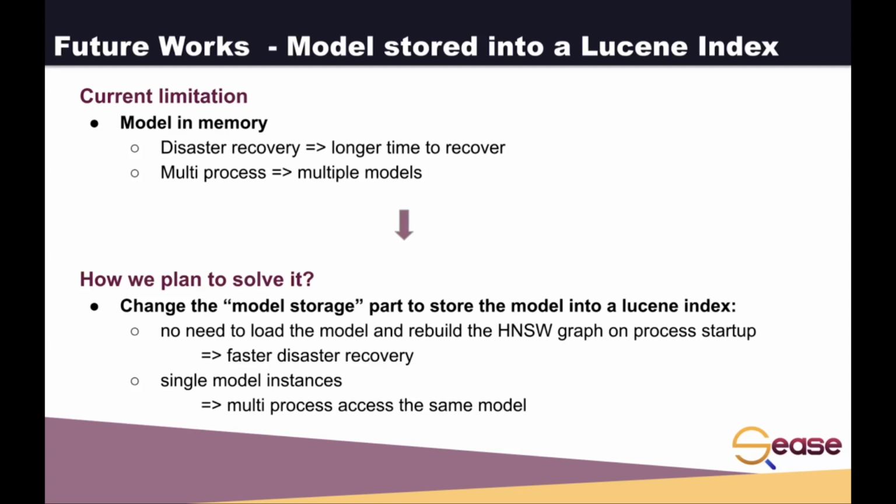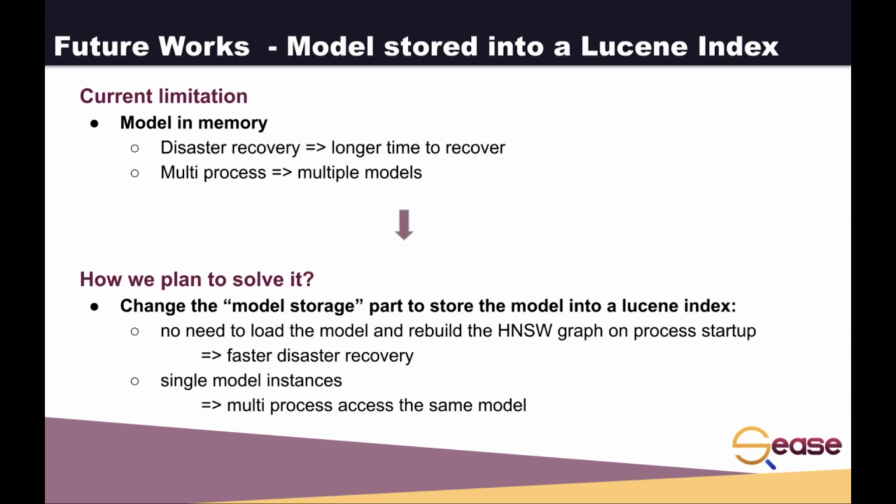And also if we have multiple processes, we have multiple models. Each process needs to load in memory its own model. So one idea to fix it is that instead of using the HNSW graph in memory, we can store the Word2Vec model as an index.